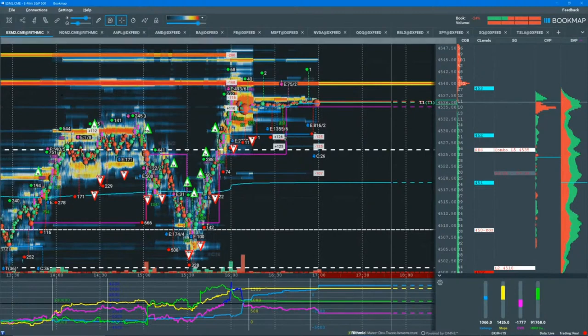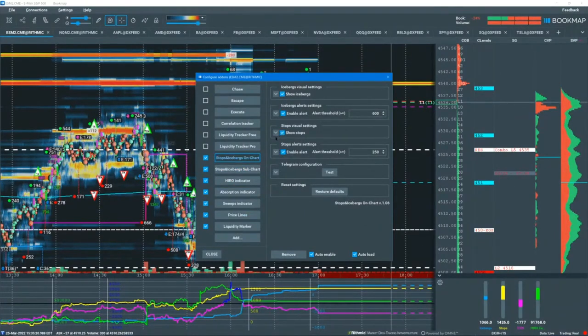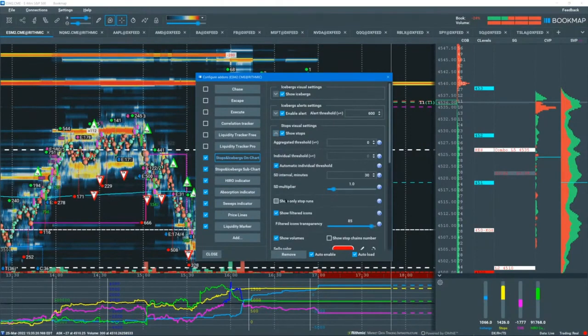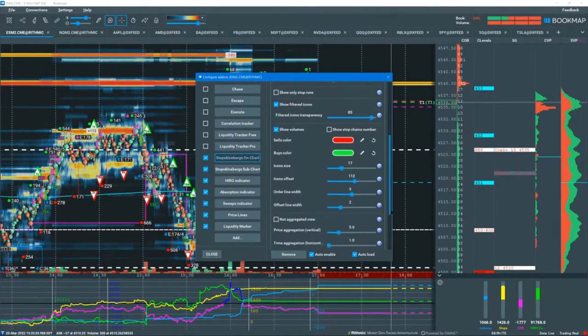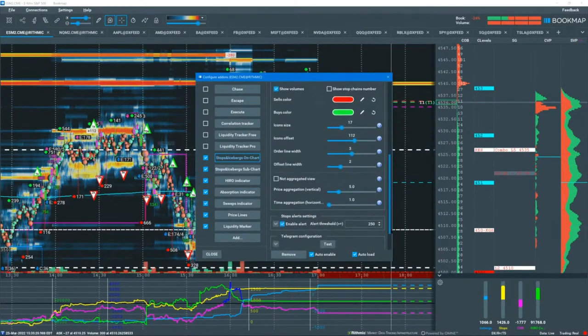So you use the automatic filter in settings? Yes, that's a great tool. So the automatic threshold. Go back and take a look at my post in the futures channel.